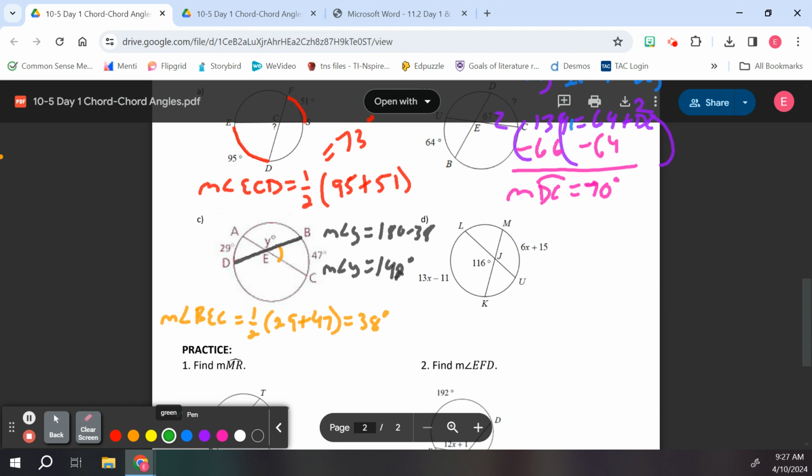Let's take a look at D. So in this case, again, they're giving us that angle. So that's 116 equals 1/2 times 13x minus 11 plus 6x plus 15. So what I'm going to do right now is multiply both sides by 2.